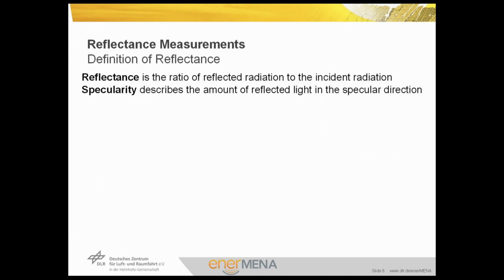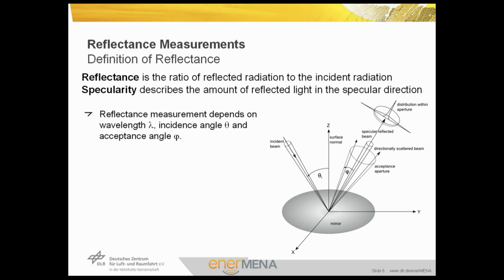So reflectance is defined as the ratio of reflected radiation to the incident radiation, and specularity describes the amount of reflected light in the specular direction, because only this is relevant for concentrating solar power technology. Reflectance depends on the wavelengths of the light, which is in our case the spectrum of the solar irradiance.